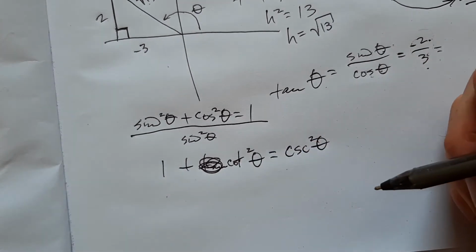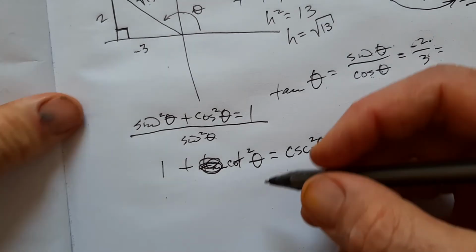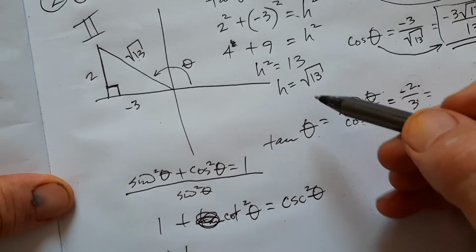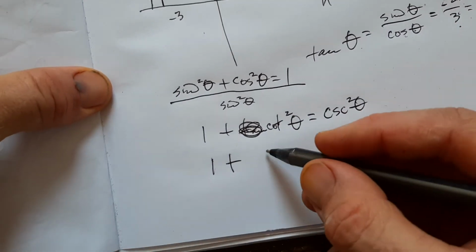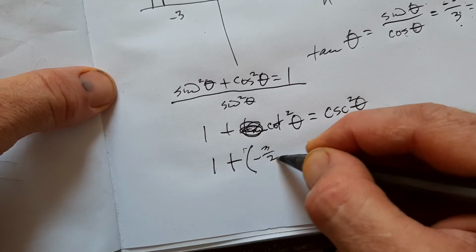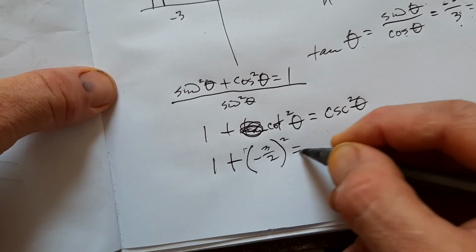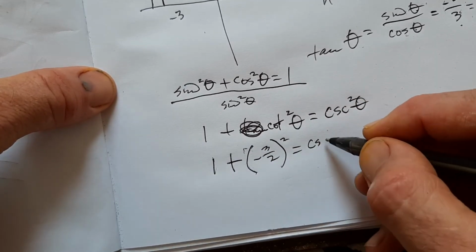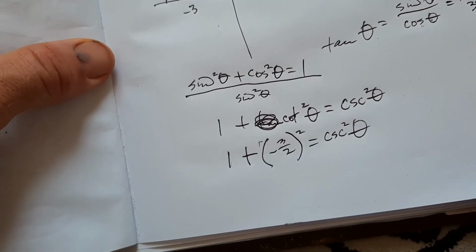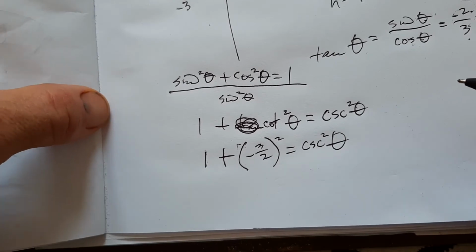So if I take 1 plus, I've got tangent, negative 2/3, right? I flip it over, I'll have negative 3/2 squared equals cosecant squared theta. Okay, this is where you're getting real tricky with it.